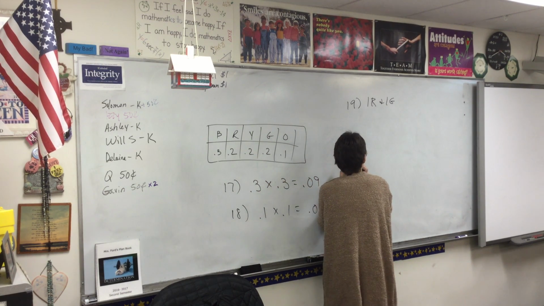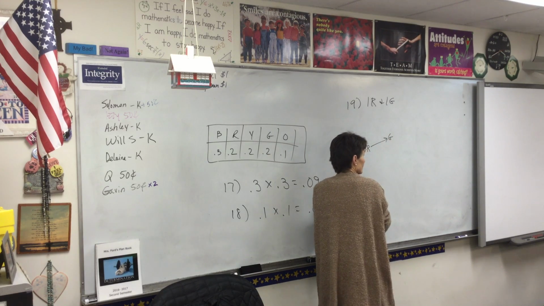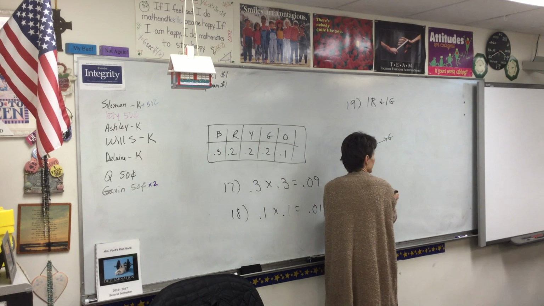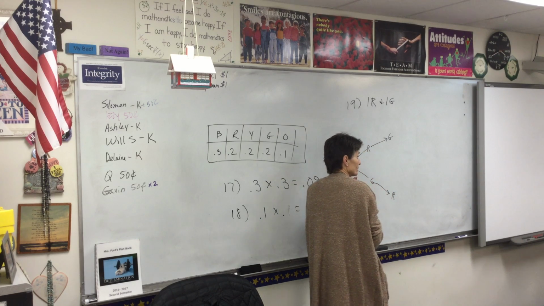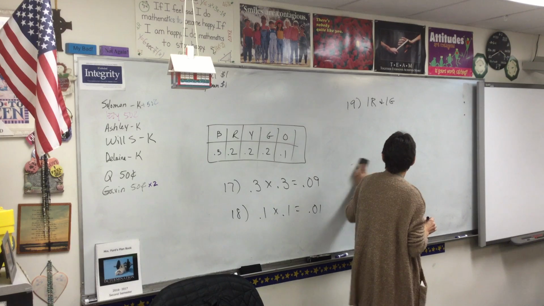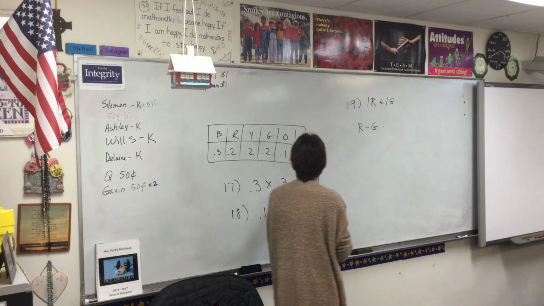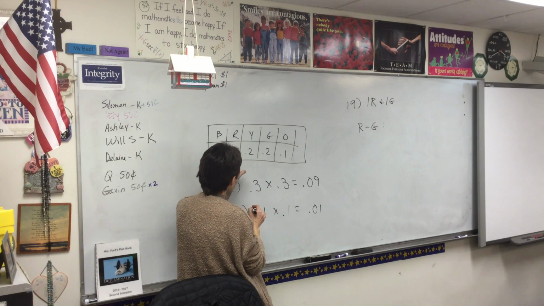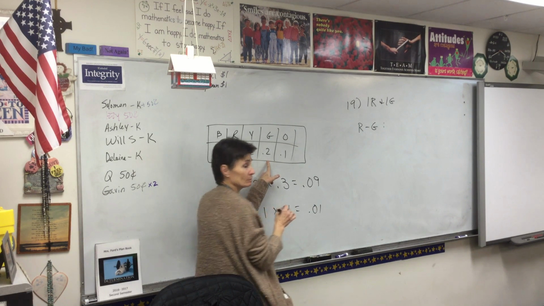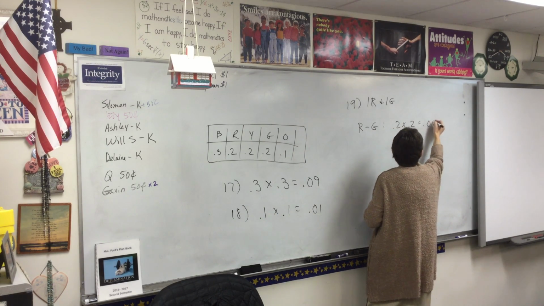Could the branch be red and then green? But couldn't it also be green and then red? So we have to do two problems here. So red, green, in that order, would be 0.2 times 0.2, or 0.04.